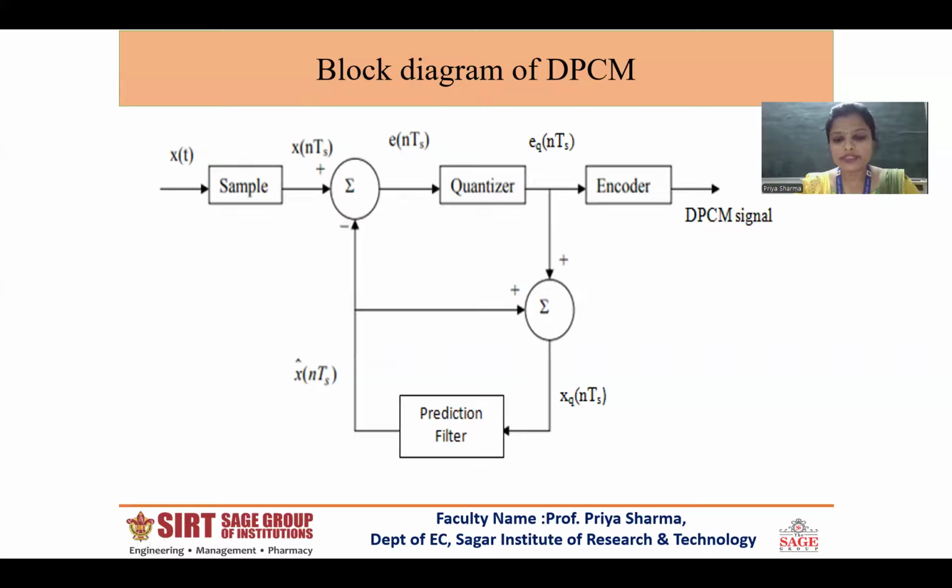Thus, the analog difference signal is PCM encoded and transmitted in the same way as a conventional PCM system, except the analog to digital converter uses fewer bits per sample. So this is the encoding part of the DPCM signal, where each sample is compared with the previous sample for its quantization to be positive or negative.